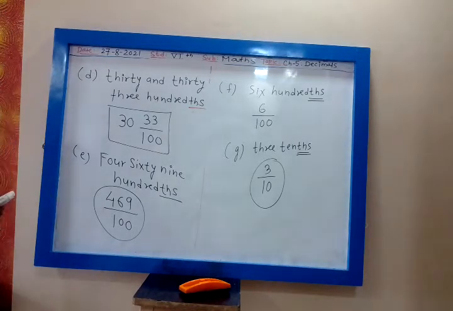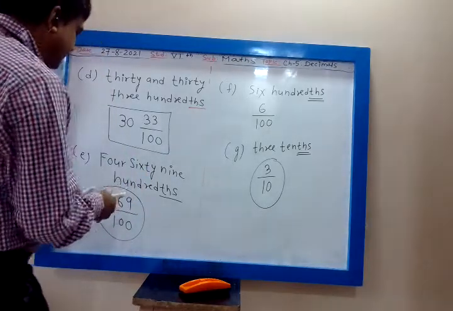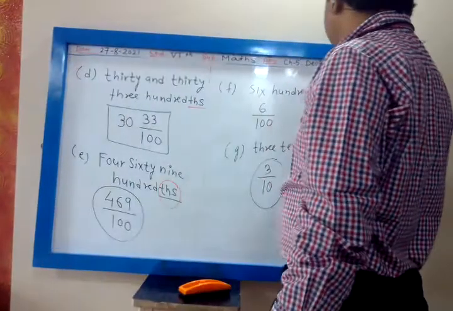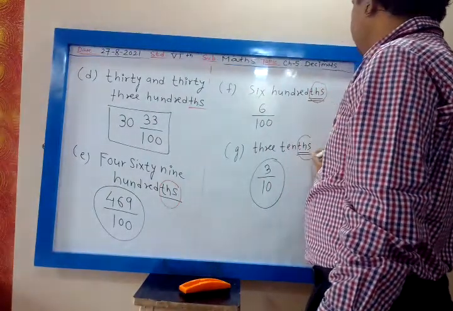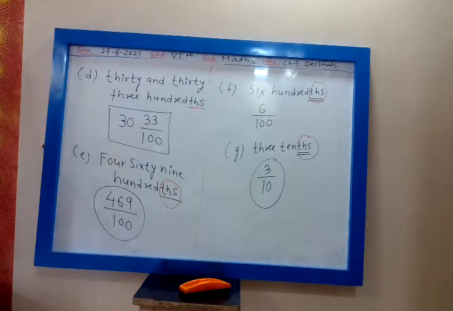Yes. 7 thousandths. If the suffix is THS, you have to see the suffix. It is THS, so divide by that. Whenever it is S, we multiply. Whenever it is THS, we divide.